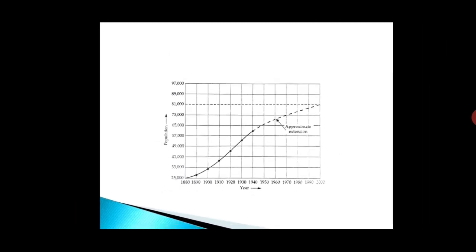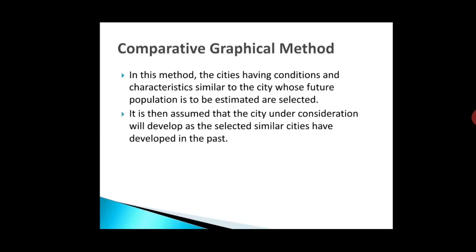Then let us move to the next method, that is the comparative graphical method. In this method, first we have to select the cities having conditions and characteristics similar to the city whose future population is to be estimated, and it is also assumed that the city under consideration will develop as the selected similar cities have developed in the past.